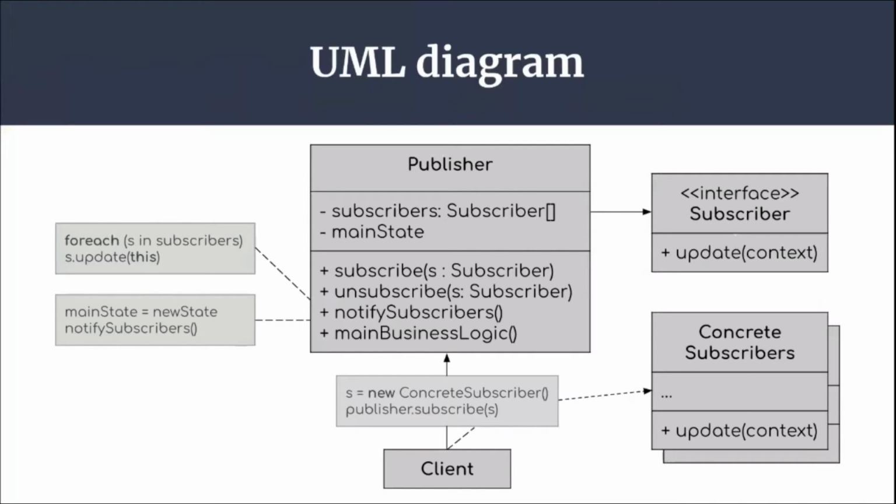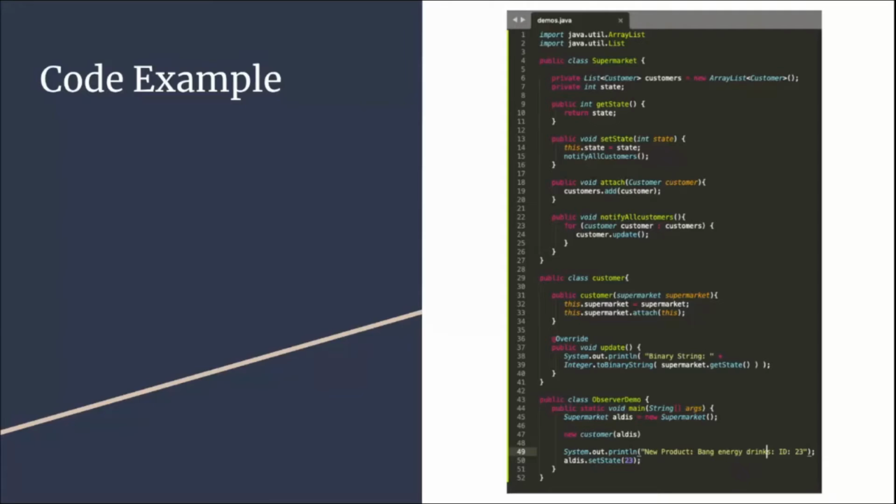The client essentially creates publisher and subscriber objects separately and registers both of these as well as updates. All right, and that's basically how this design pattern flows.